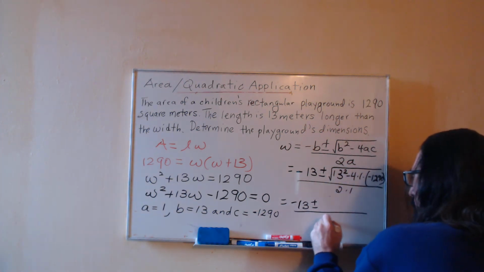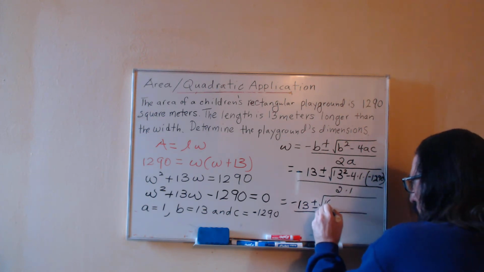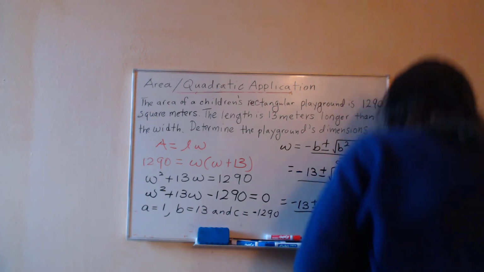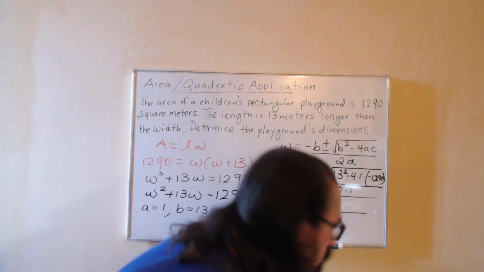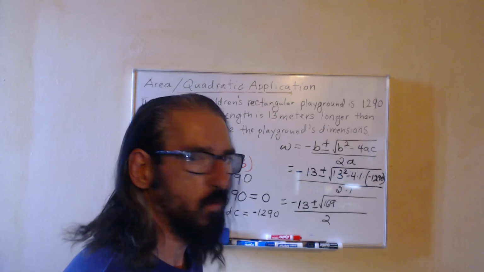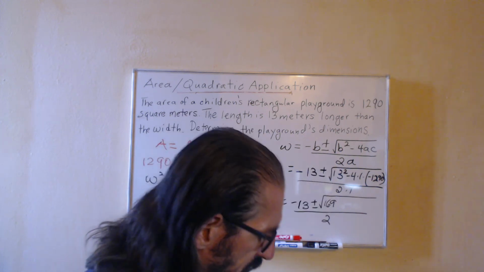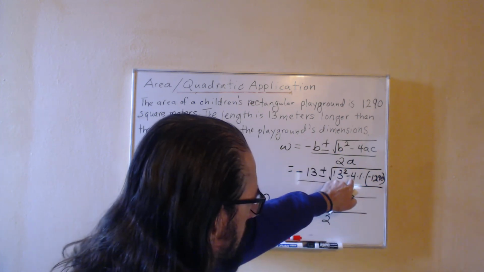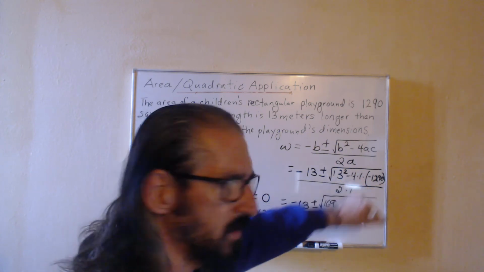Doesn't hurt to figure out the 2 times the 1 down there, but our main goal is working out what we have underneath the square root: square, then multiply, then subtract, or in this case we're going to wind up adding. I squared the 13 to get 169. If I multiplied all that, I'd get a negative, but then I'd be subtracting a negative.